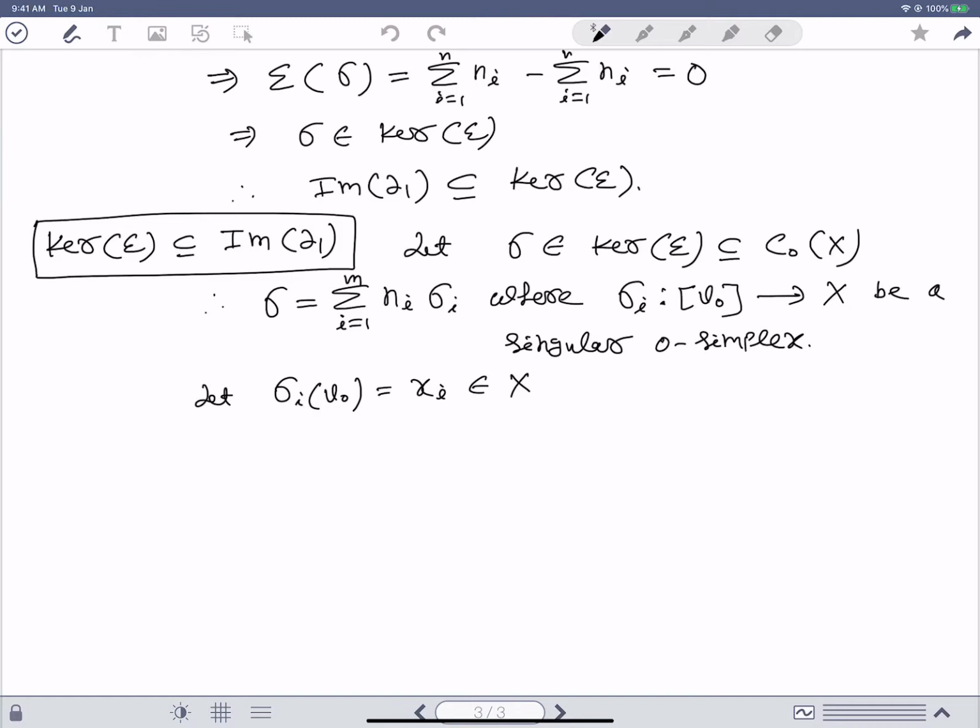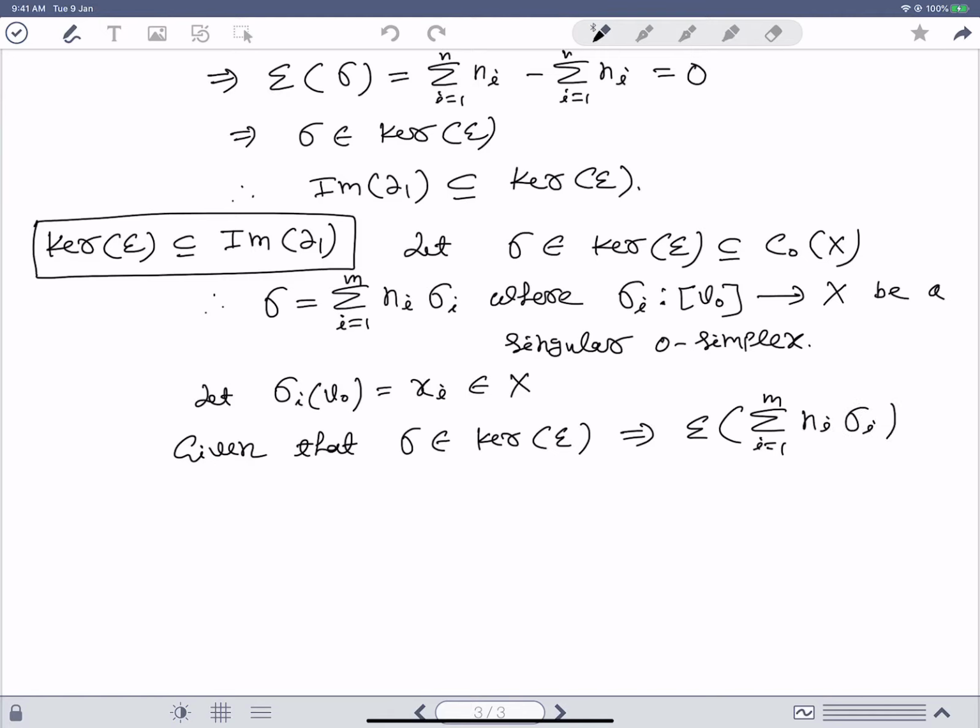Okay, now it is given that sigma belongs to kernel of epsilon, so that imply epsilon of sigma, that is summation of i equal to 1 to m n_i sigma_i, that is 0, that imply summation of i equal to 1 to m n_i, this sum is equal to 0.